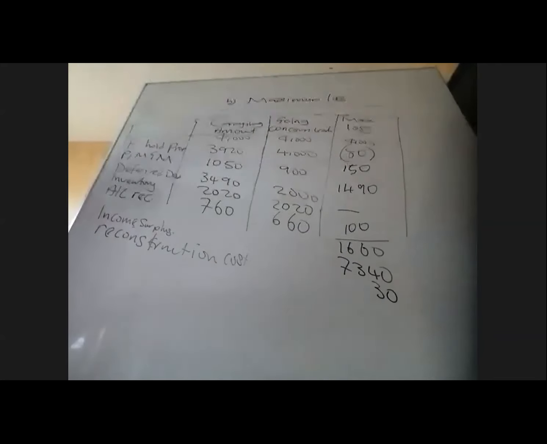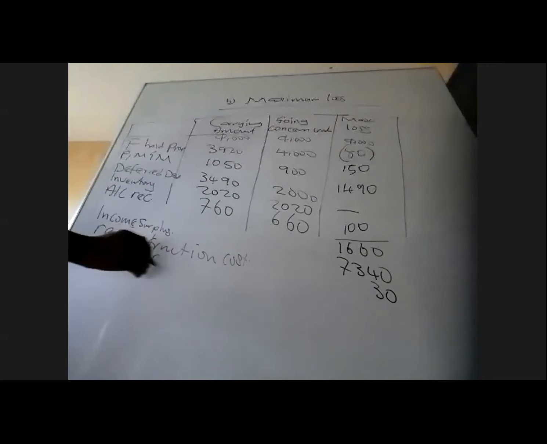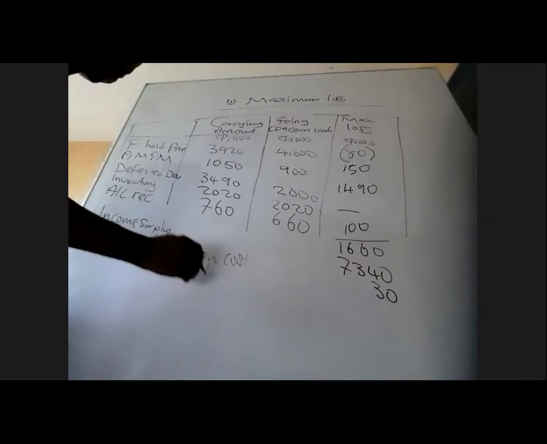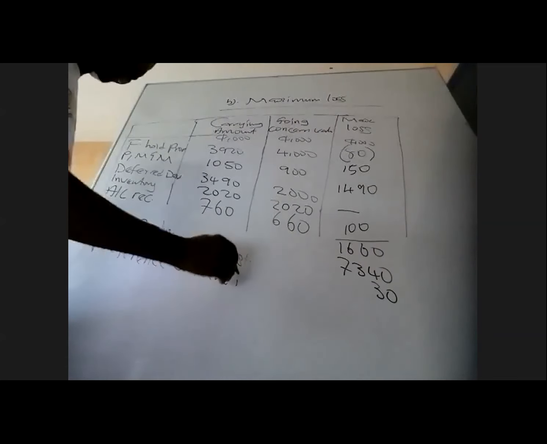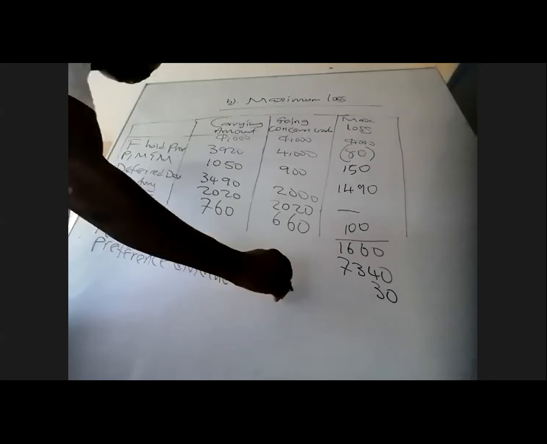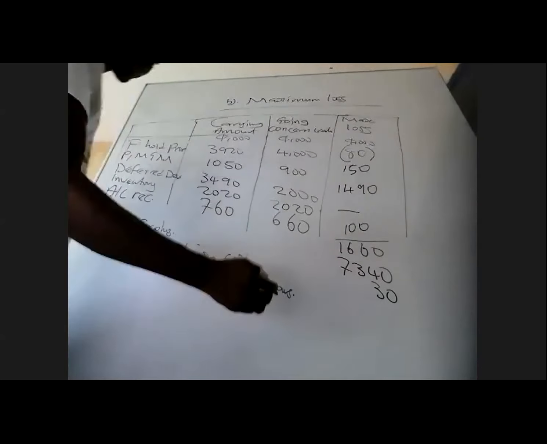Just that this particular loss is not on the balance sheet. It's in a footnote. That is it. So you write preference dividend in arrears. Good.